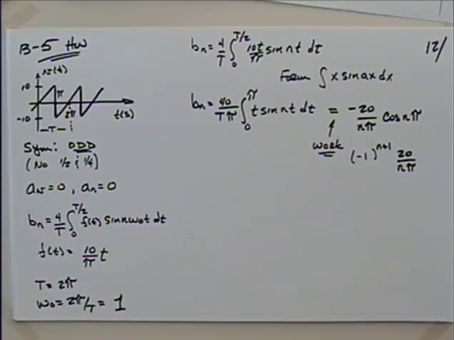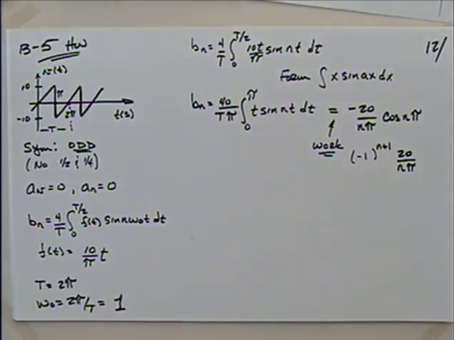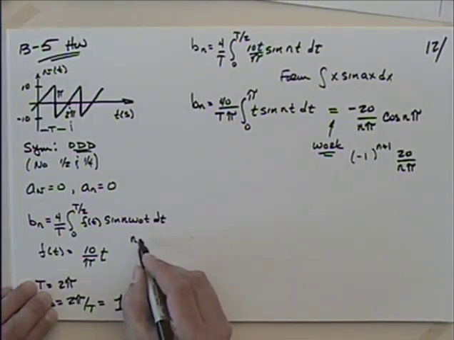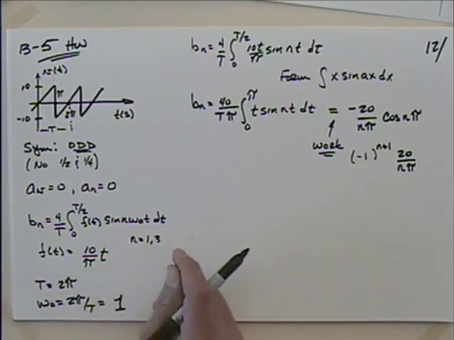So am I looking at the odd function? Is b sub n just for the odd terms, isn't it? For n equal 1, or is it all terms?